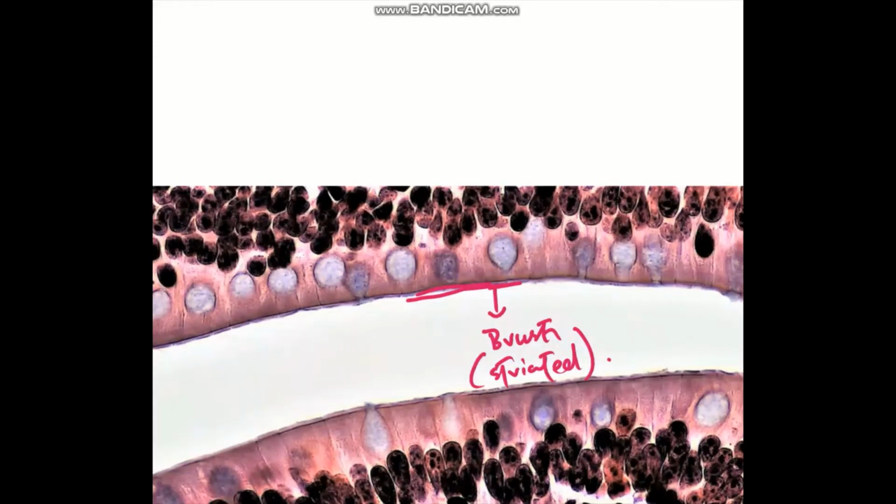So now a clinical correlate to the microvilli, a common example, would be celiac disease. Very common, especially for the USMLEs.